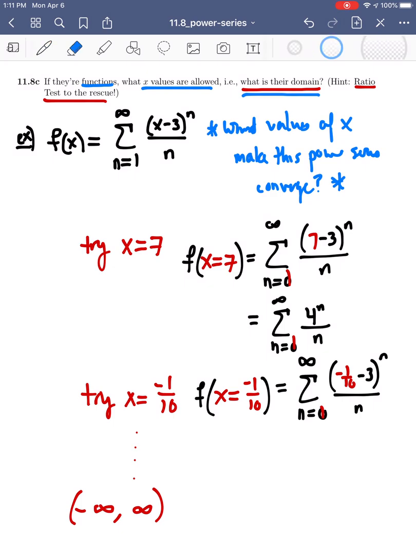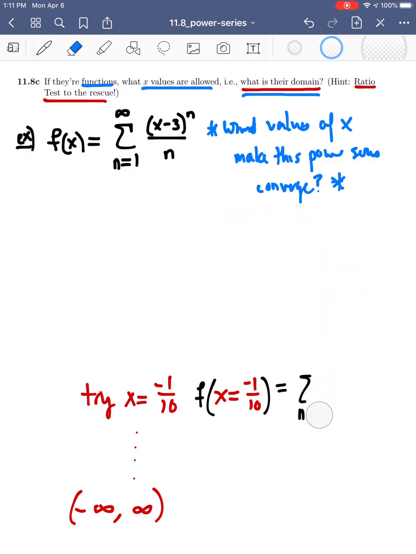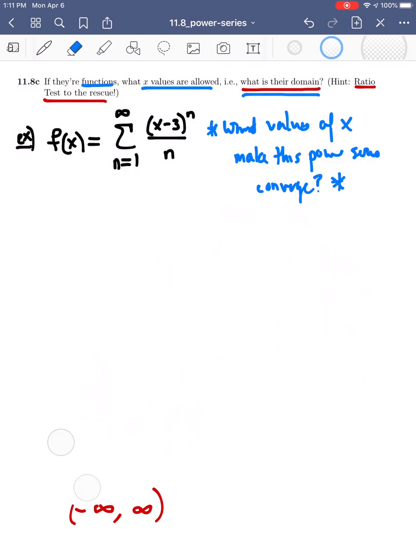So let's go back and revisit the original power series, and let's see what we notice. Well, in this original power series, we have some number being raised to the nth power. We have an n by itself in the denominator, so we have an n to the first.